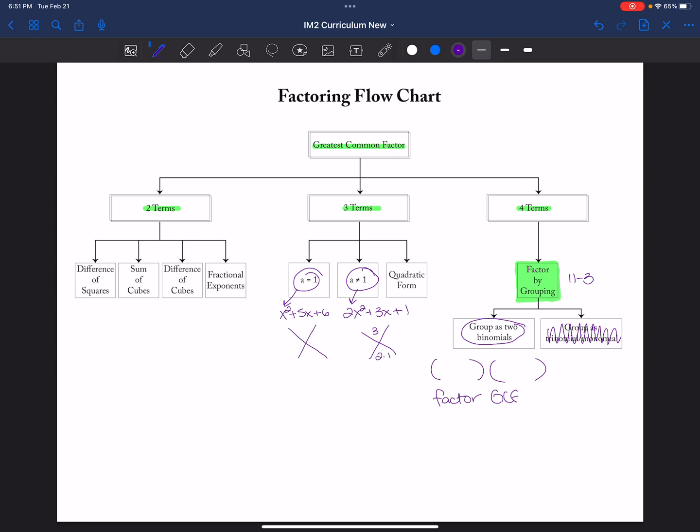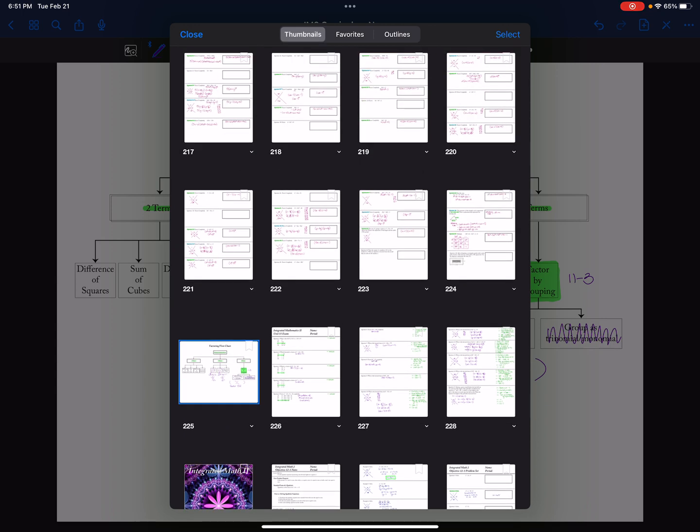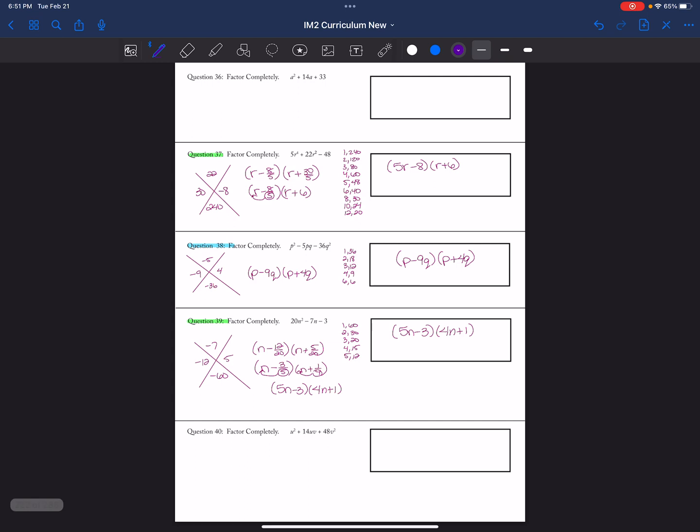And when I have 1 in front of x squared, then I have 5, and then I have 6 on the bottom. So that's if I have 3 terms. Something like this has 3 terms, but my a is equal to 1 because the number in front of x squared is 1. I have something like this where my a is equal to 5. So my a is not equal to 1, but there are 3 terms. That's where that flow chart is important.